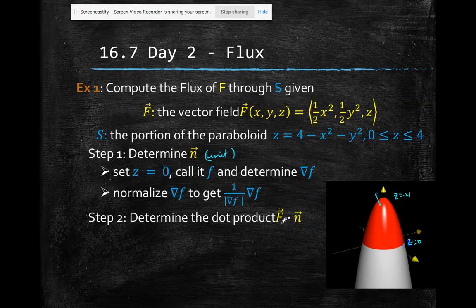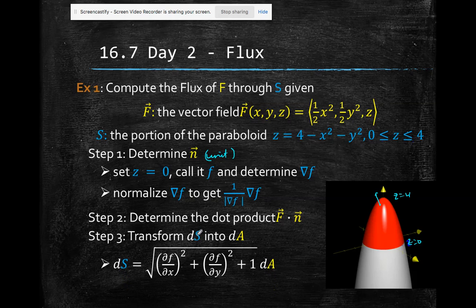Then I'm going to get the dot product of my vector field with my unit normal. Then I'm going to transform dS into dA. Remember this from before? We did this proof with the cross product of the little partials. And then we're going to integrate.